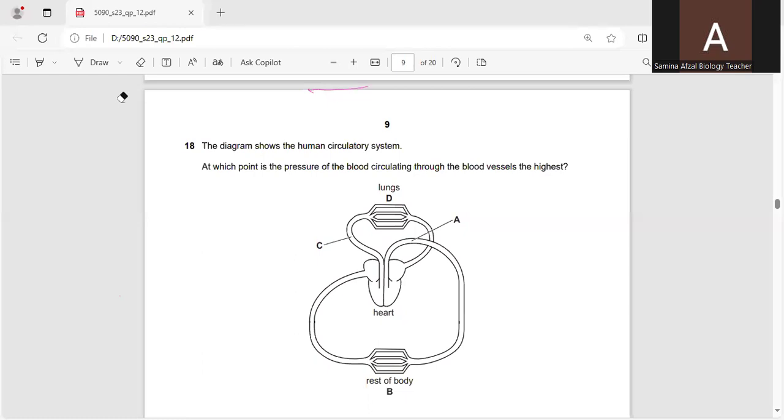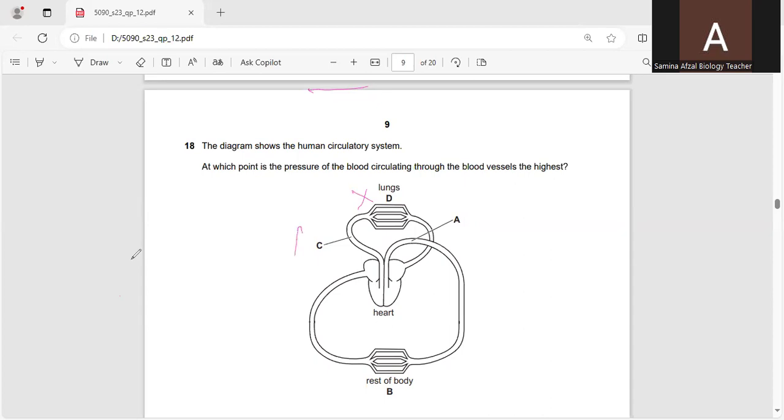Again, I told you, when blood has to move towards the different parts of the body, there is a need for high pressure. When blood is moving towards the lungs, there is no need for it to be high in pressure. So D is not the correct option.